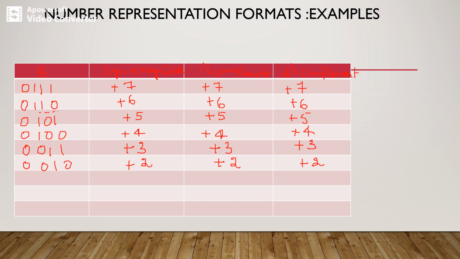So next is plus 1, that is 0, 0, 0, 1. So that is plus 1, plus 1, plus 1. So next we can consider 0, 0, 0, 0. Magnitude is 0, sign is plus, and here also plus 0, plus 0.